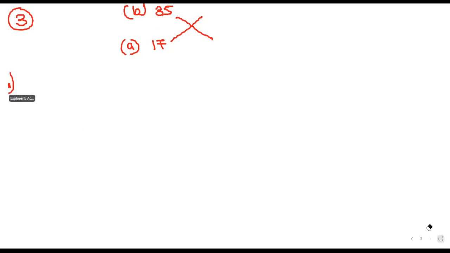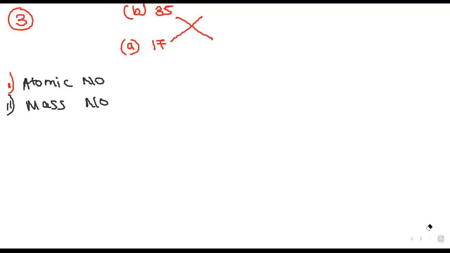Guys, A here indicates the atomic number. Question number 2, then I ask what is indicated by B. B indicates the mass number. So keep it in your mind every time. If you have a number at the left hand base of an element, that number is the atomic number, right?